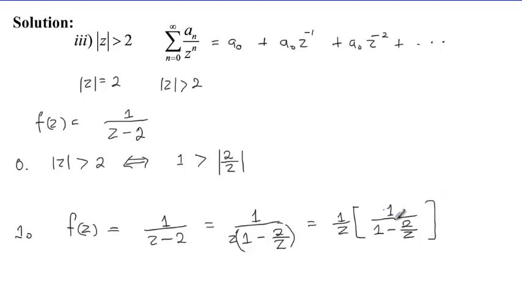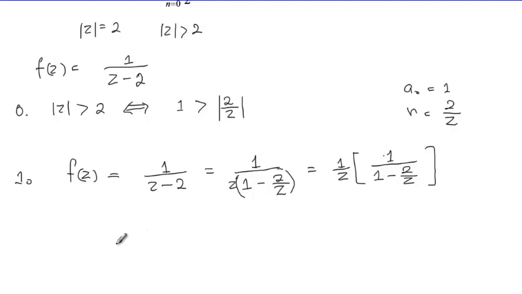Having this, we can see that we have again the form of a sum of a geometric series where a0 is equal to 1 and our common ratio is equal to 2 over z.